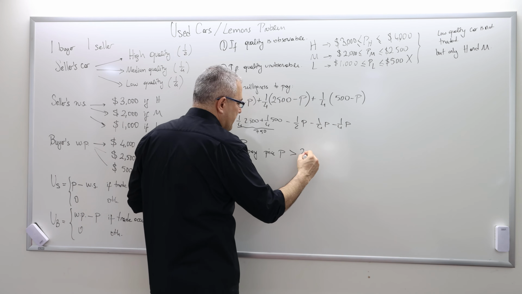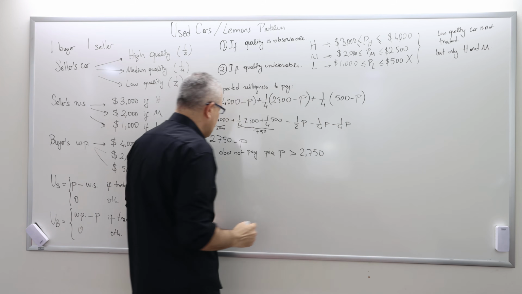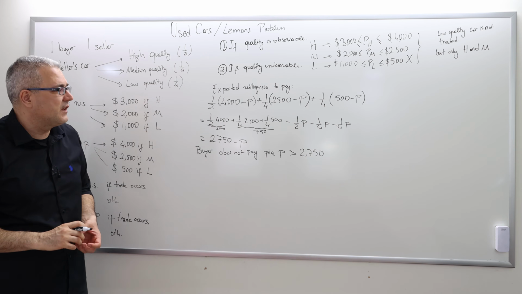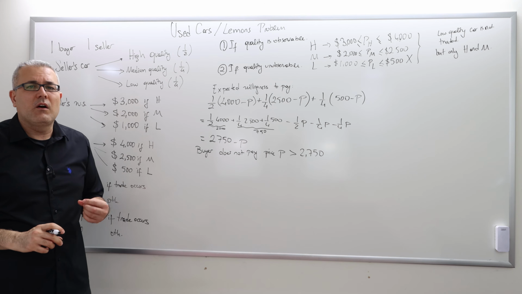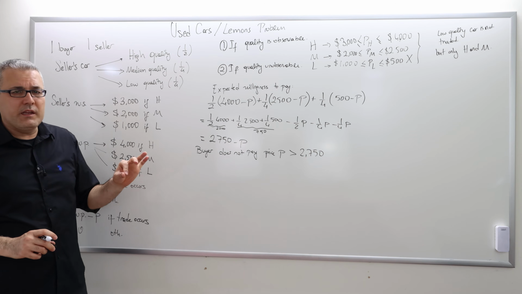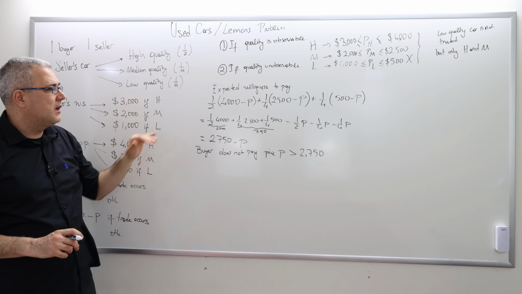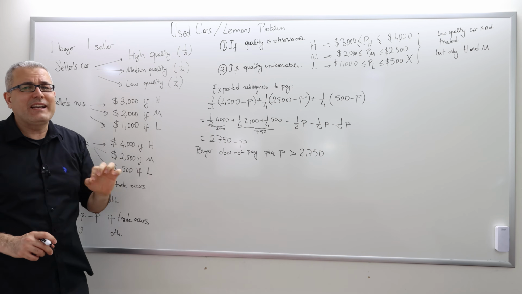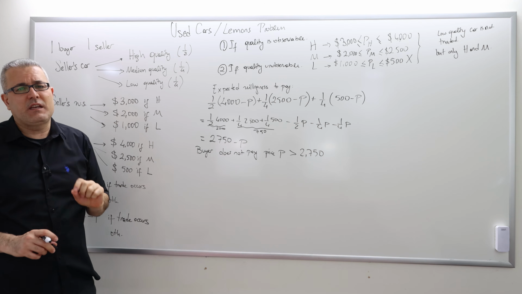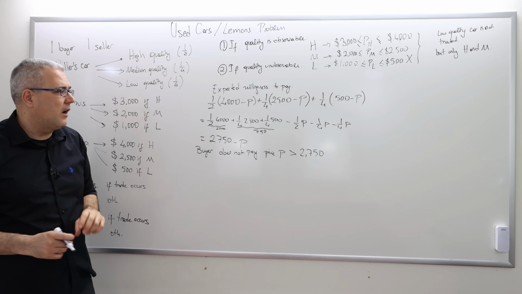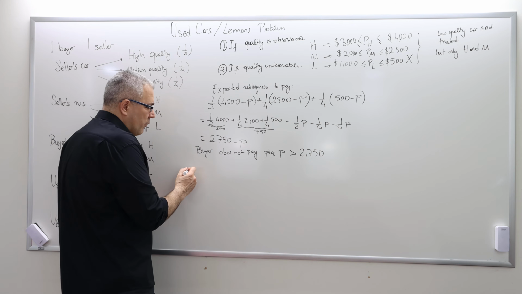But if it is greater than $2,750, well, then the buyer is not going to accept the price. All right? So therefore, in this scenario where the quality is not observable, the market price has to be less than $2,750. Okay? Well, are we done?